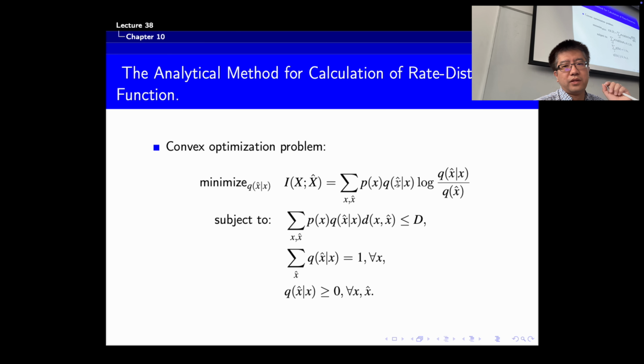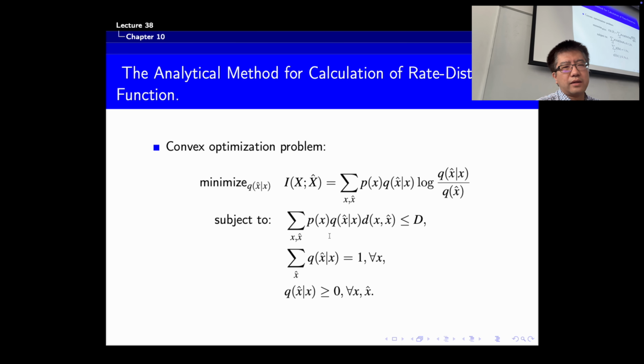For the mutual information, by fixing p(x), it is a convex function of q(x̂|x). Also, all the constraints are linear. Therefore, this optimization problem is a convex optimization problem, and we can use the KKT condition to solve it. And actually, we did use the KKT condition to solve it.